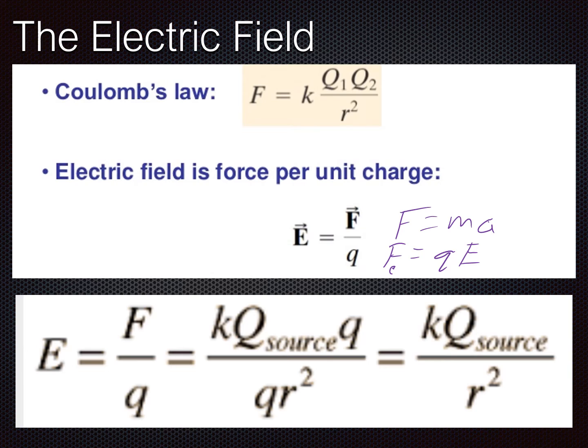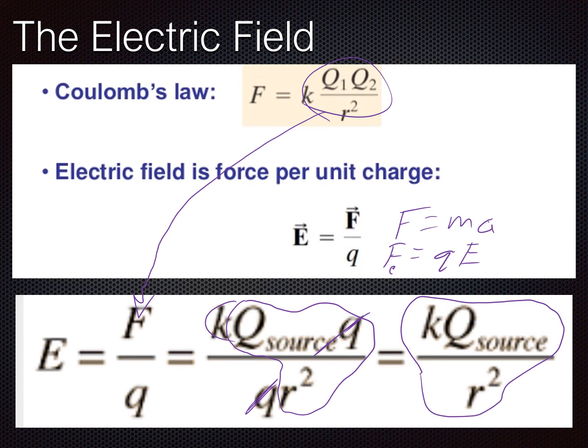So if we replace the force with Coulomb's law, if we just take Coulomb's law right here and substitute that value, then you can see here, this is basically Coulomb's law on the top there. Oh, including the K, sorry. Then these Q's cancel, and we get something that just looks like this, KQ over R squared.